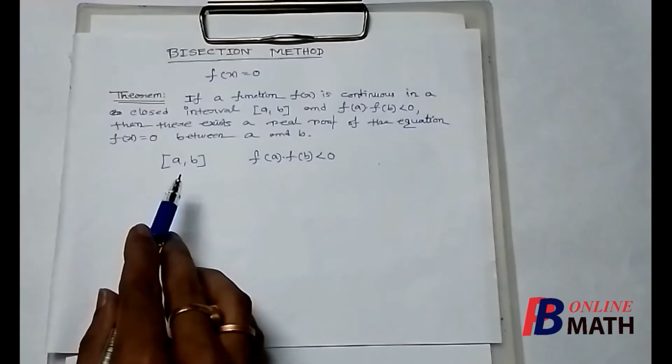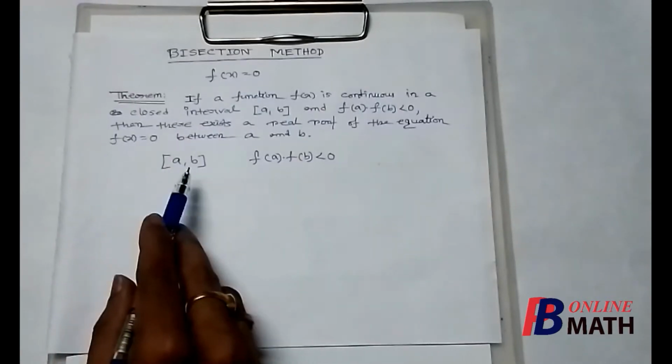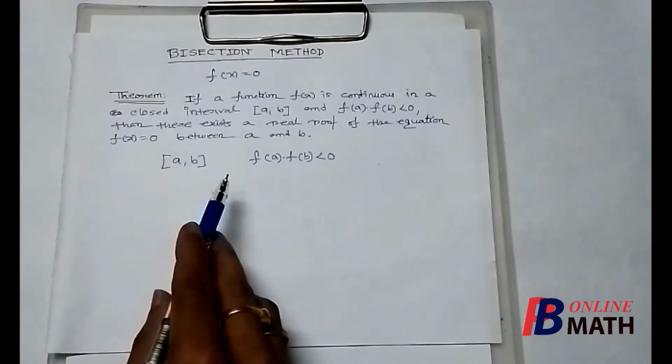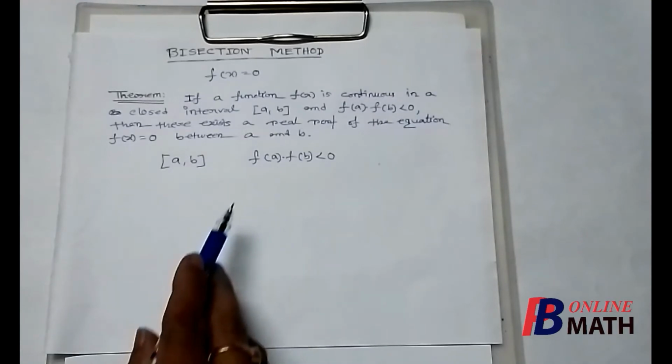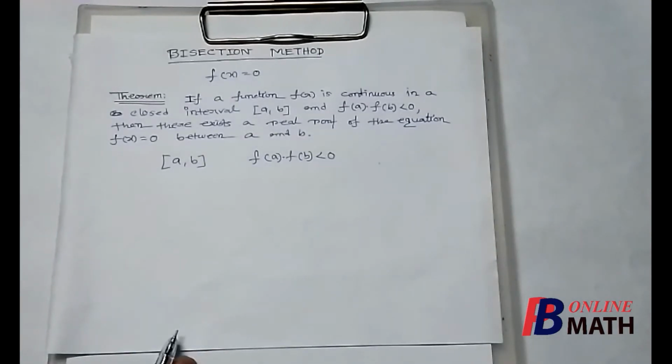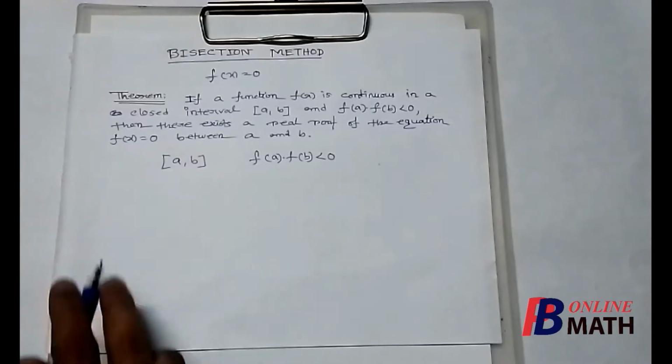So there exists at least one real root of the equation f(x) = 0 between a and b, since f(x) is continuous and f(a) and f(b) have different signs. We do not exactly know the real root, but we have to find an approximation of this root between a and b.